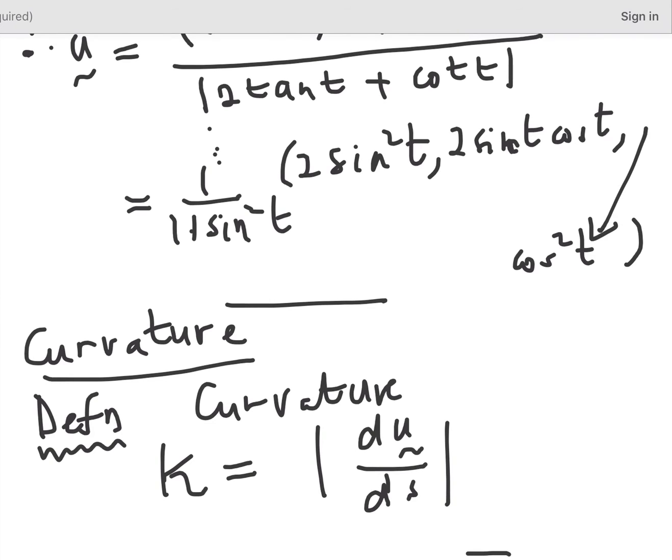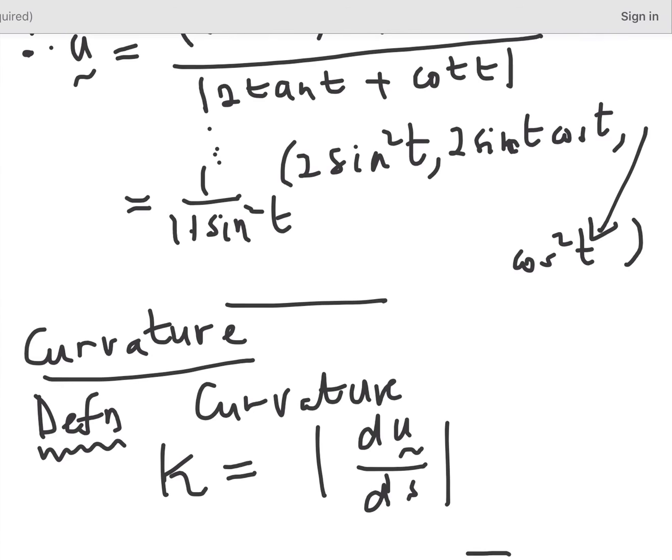Now, again, we could define an equivalent concept of curvature for the complex case. There it would just be a matter of dropping the vector notion. So the curvature in the complex case, kappa, would be the complex mod of du ds. u is not a vector in that case. But if you come across an example like that, we need to keep that in mind. Okay, so this is what we'll call one definition.